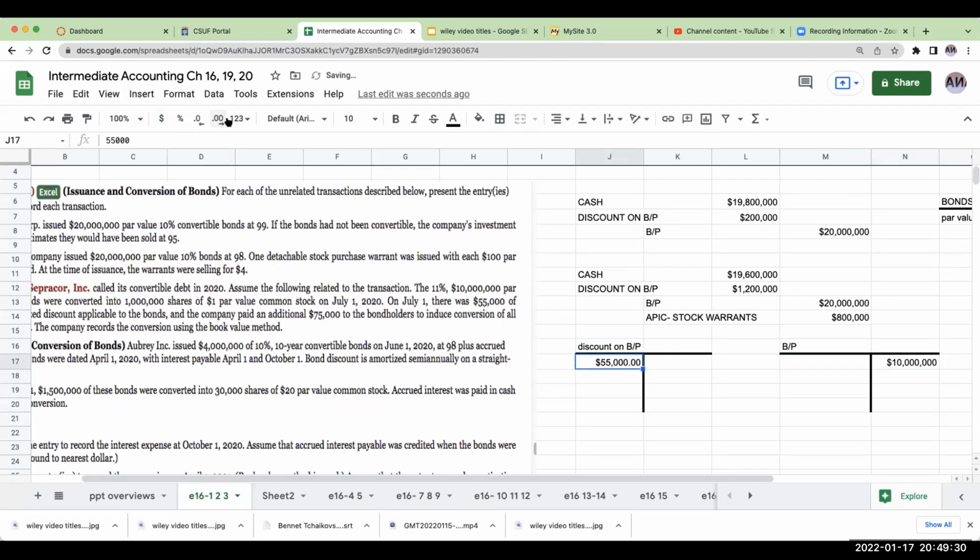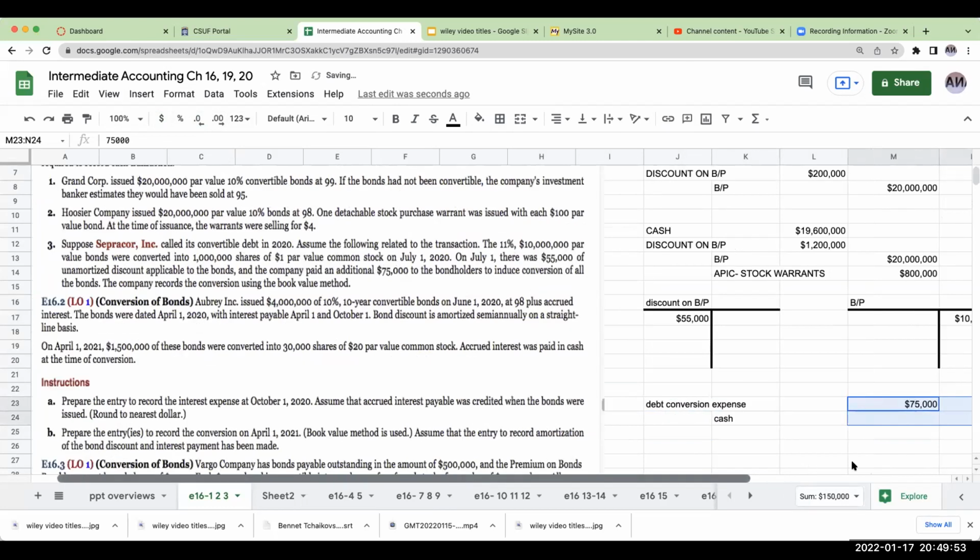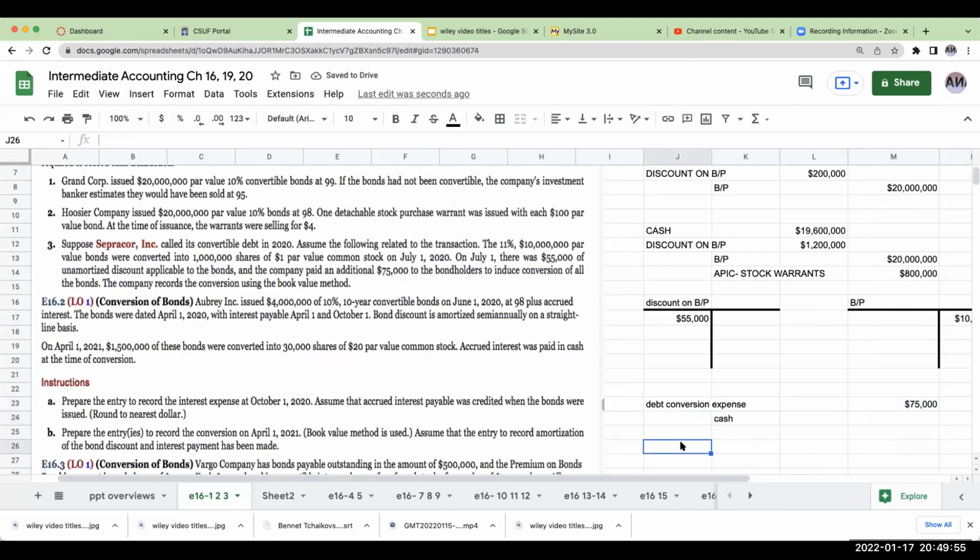Okay, so right over here, when I pay that debt conversion expense, when I pay that 75 grand, I'm going to debit debt conversion expense. I'm going to credit cash for the 75,000. I like to break this out separately from the rest of the transaction just to simplify it, because this is not going to have any play into how the stock is determined.